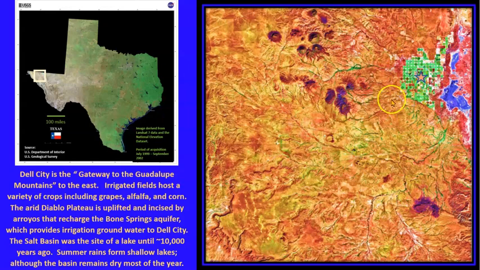The dramatic footprint of Del City indicates the irrigated fields that host a variety of crops, including grapes, alfalfa, and corn. The arid Diablo Plateau that covers most of this image shows very little human footprint, but its deeply incised arroyos recharge the Bone Springs Aquifer, which provides irrigation groundwater to Del City.